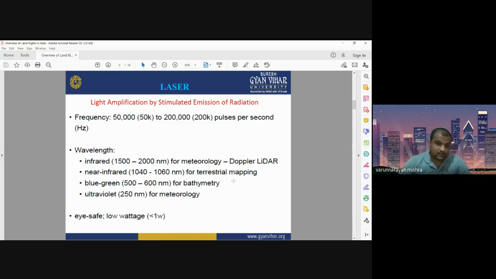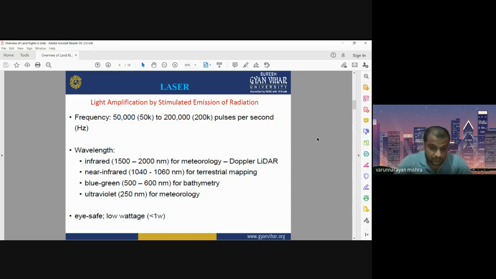Whatever laser or optical pulses we are using in lidar, its power should be below 1 watt, so that it does not harm your eyes. So these are some properties of laser, and you should remember the full form of laser: light amplification by stimulated emission of radiation.